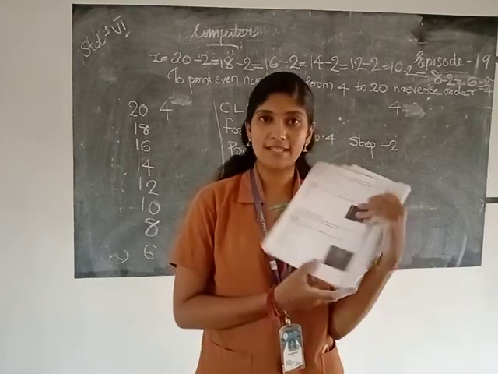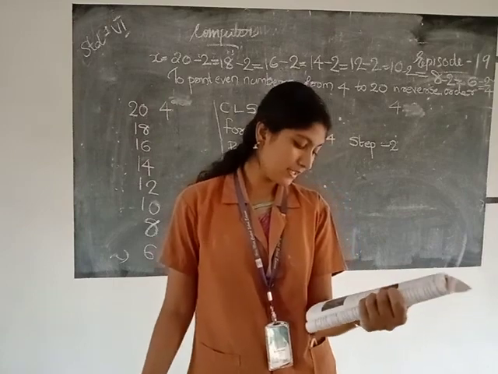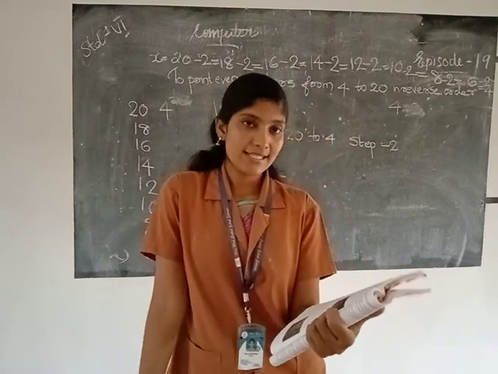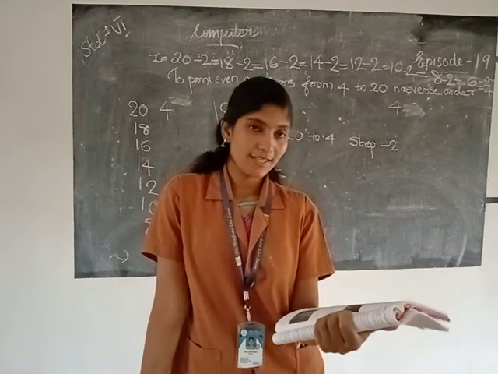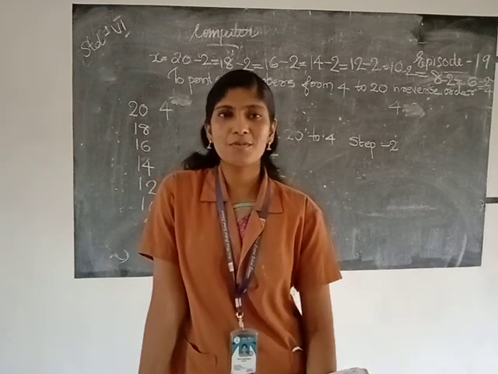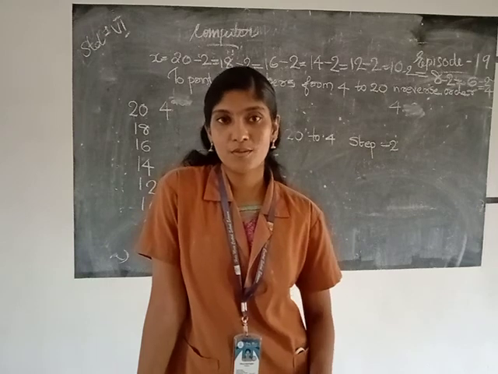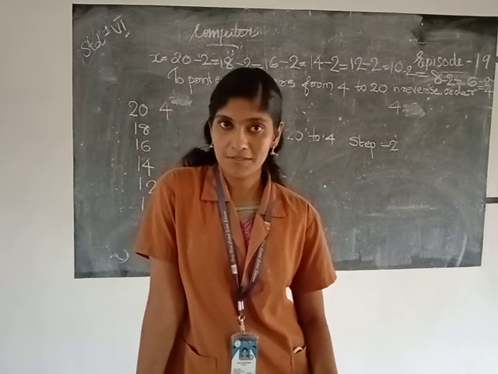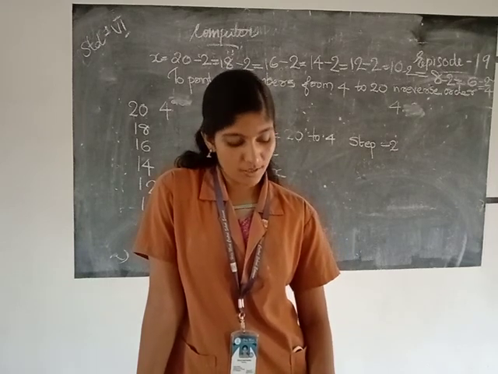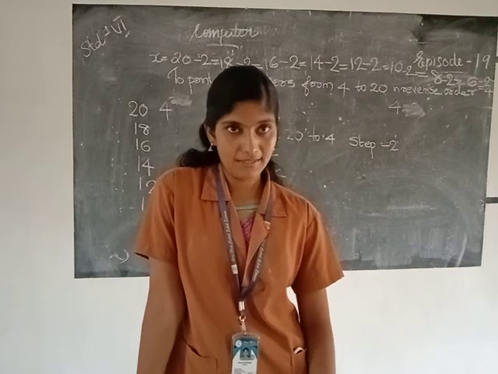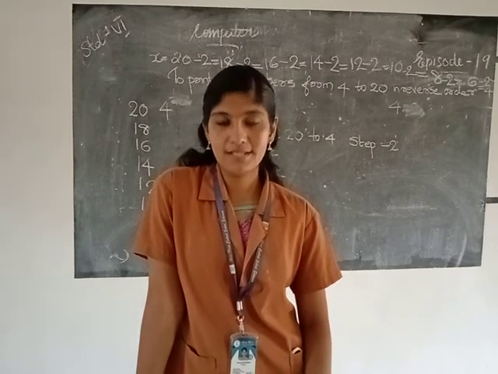So here, let's see, first CLS, look at page number 66, and there is a counter variable CT. Counter variable means we want to add only 10 numbers, so we use a counter variable CT that is equal to 1 to 10. Then we have to enter numbers.